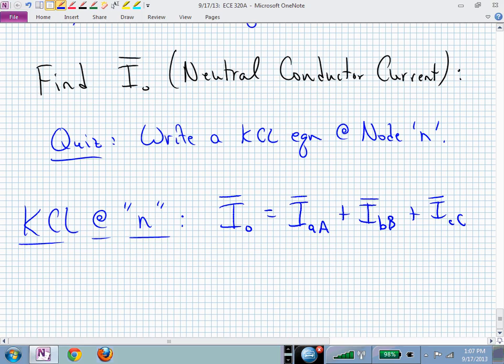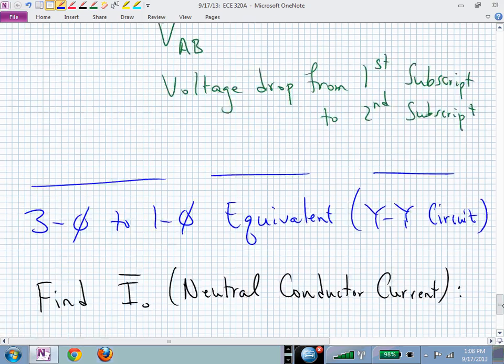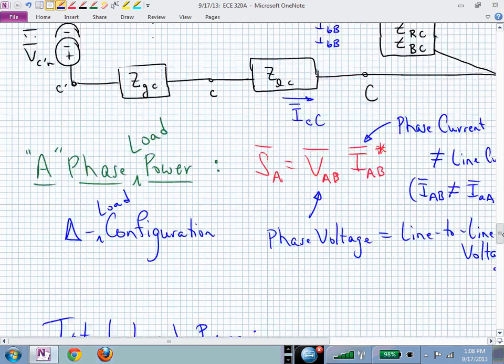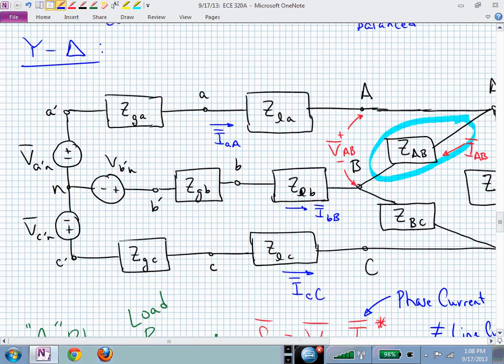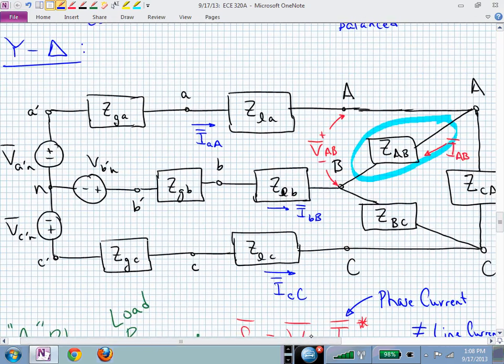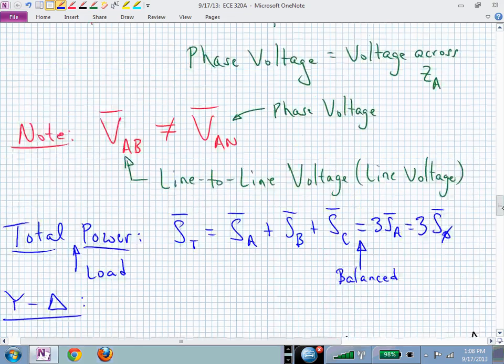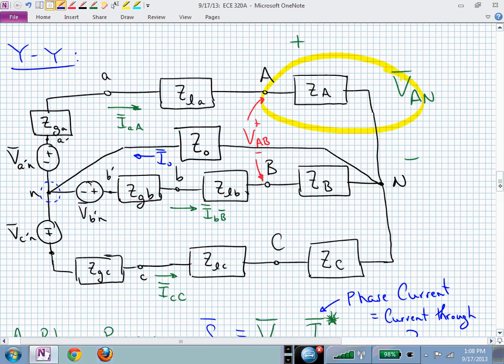Now we want to rewrite these in terms of the voltages. Let's use this guy as our reference. That's our reference node.